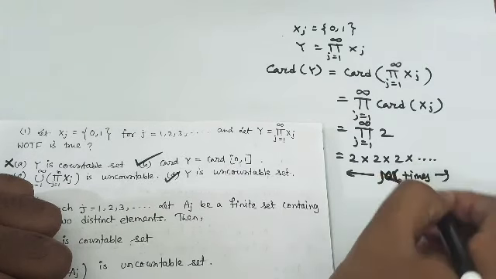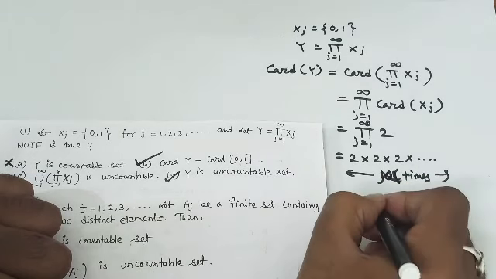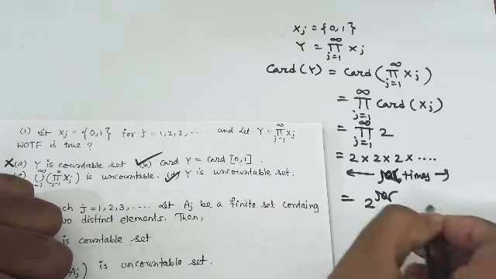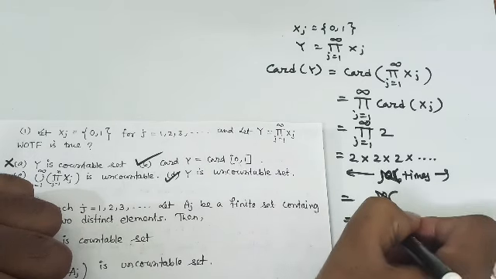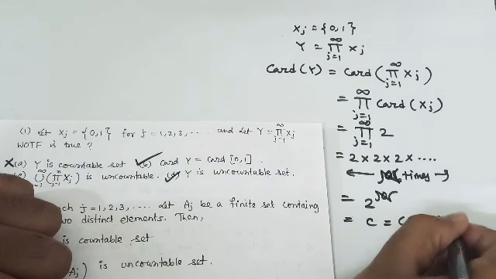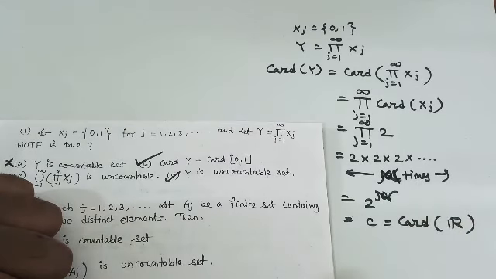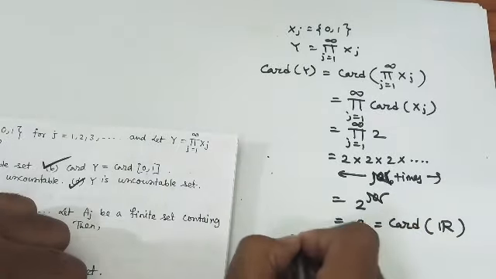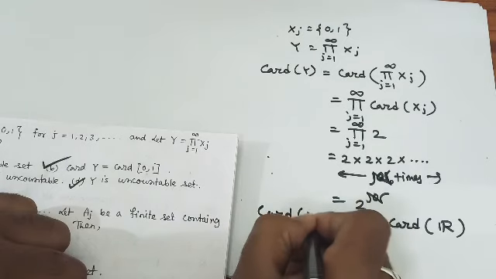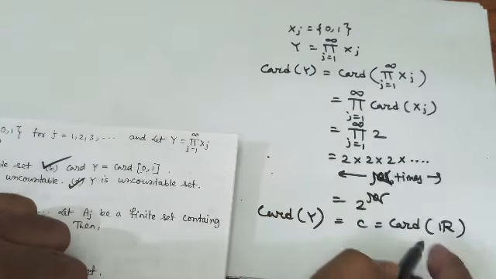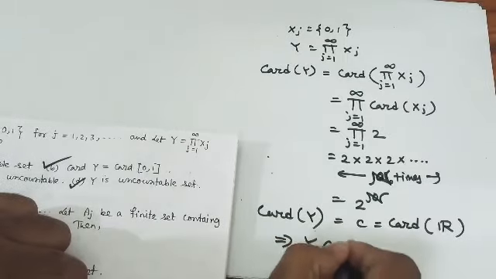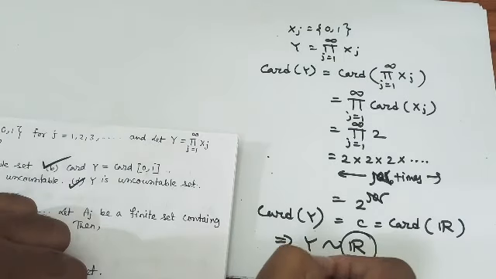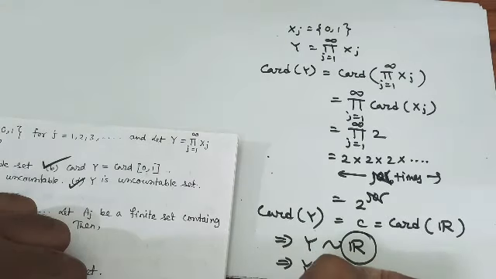So you have basically 2 to the power aleph naught, and from the previous video you know that 2 to the power aleph naught is nothing but c, the cardinality of R. So the cardinality of Y equals the cardinality of R. That implies Y is equivalent to R, and we know that R is an uncountable set, so Y is uncountable.